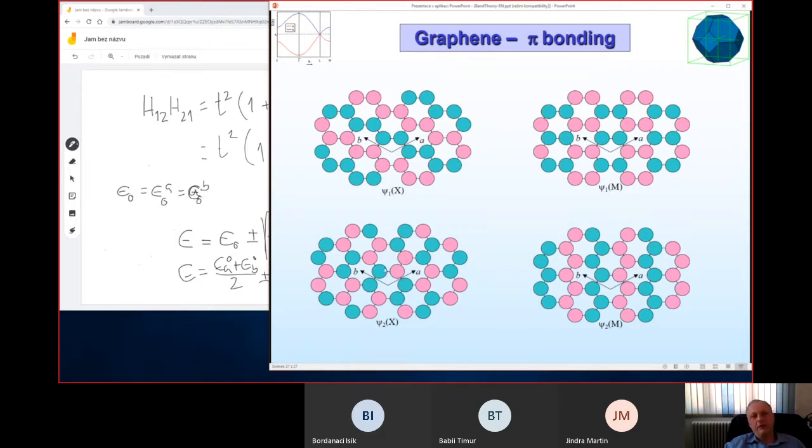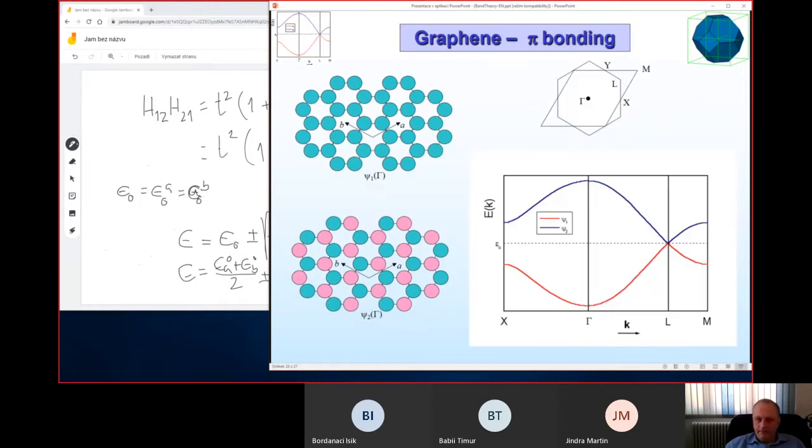So the difference in energies would be smaller, because the bonding and anti-bonding interactions are partly compensated, and that's why we have this gap at the X point.